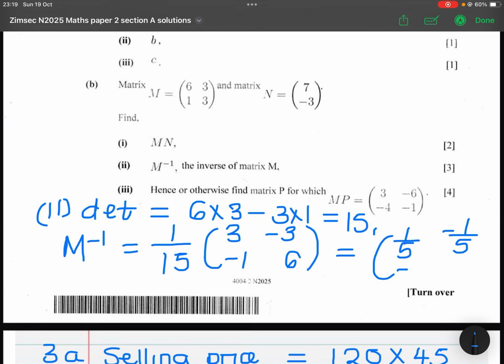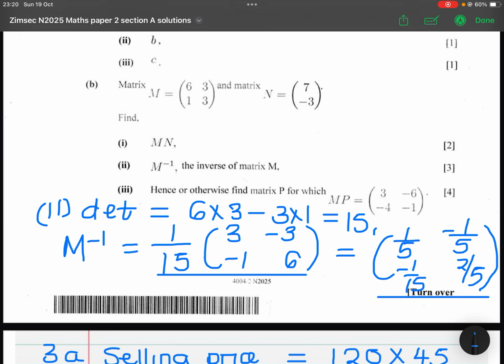And then 1 over 15 times -1, we get minus 1 over 15. And then 6 times 1 over 15, we get 2/5. So either we can write it this way, or we can write it this way. Both answers are accepted.